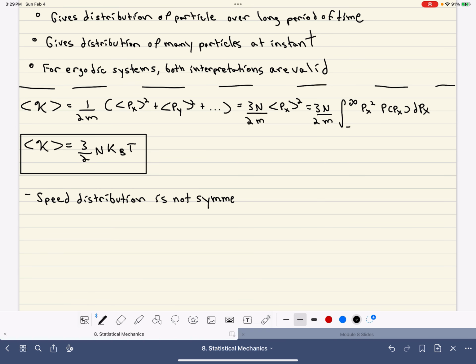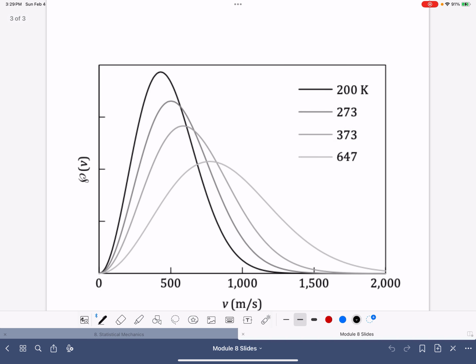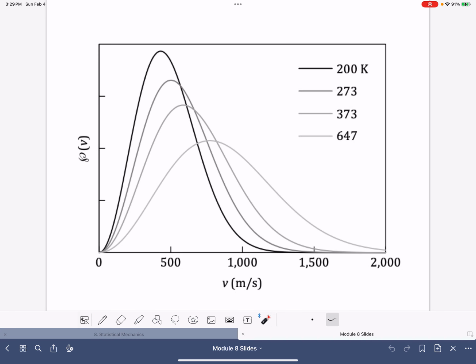As a result, as we go from momentum to speed, the distribution is not symmetric anymore. Rather, it starts at 0, goes up to some maximum, and then decreases. Here we find that as we increase temperature, the peak of our speed distribution goes to higher and higher speeds.